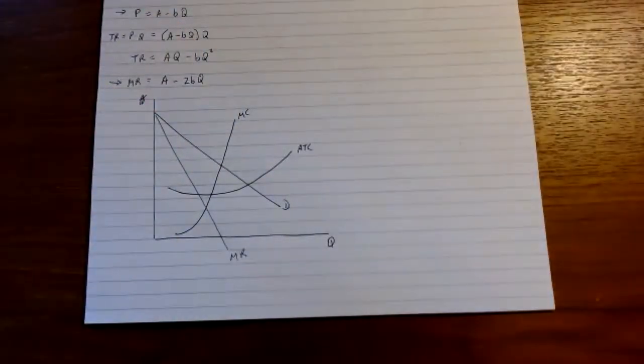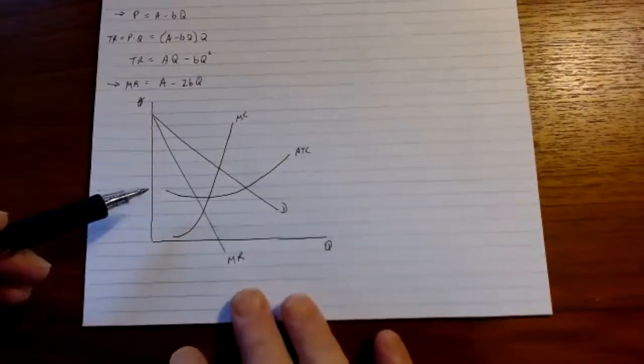I haven't put average variable cost in here. Remember that in a competitive firm, the difference between short run and long run is essentially the existence of a difference between average variable cost and total cost. That is, the existence of fixed costs.